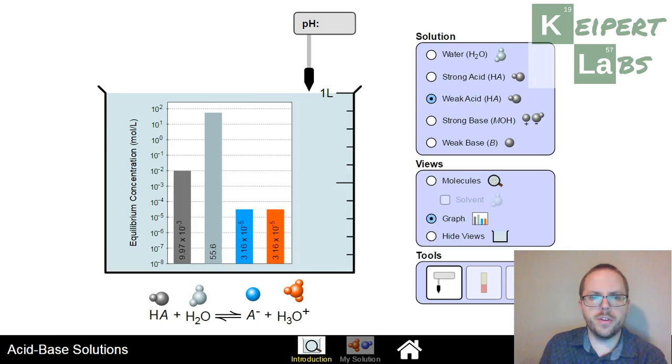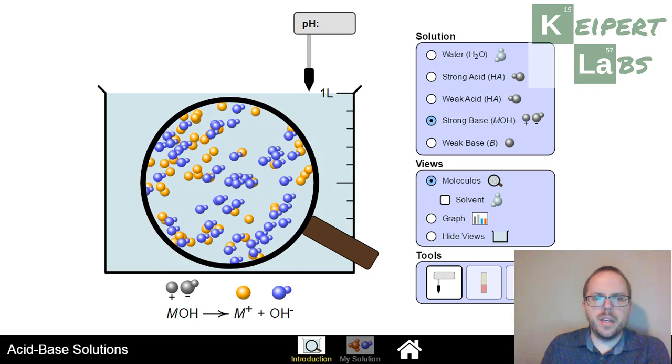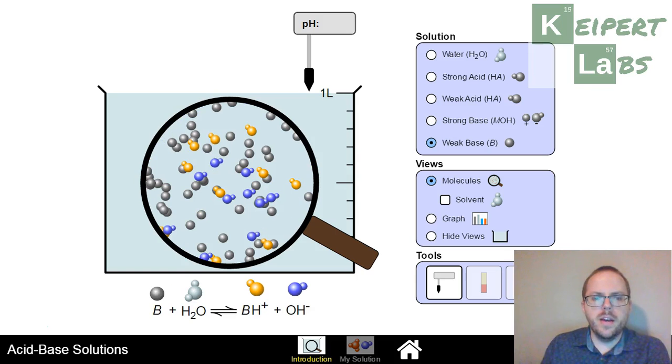If I show you that in terms of a graph, we still have some of the original starting material, and we have equal amounts of our two products, which is less than what we started with. For a strong base, we're seeing the same idea that the original structure of that base has separated into its two ions, whereas with a weak base, such as ammonia, only some of it has ionized to form the conjugate acid.